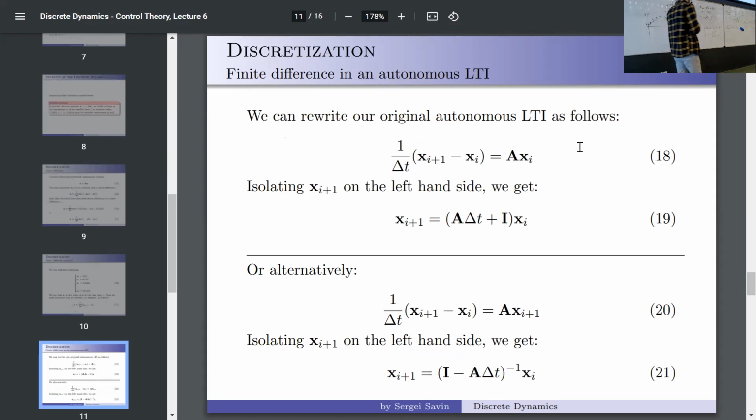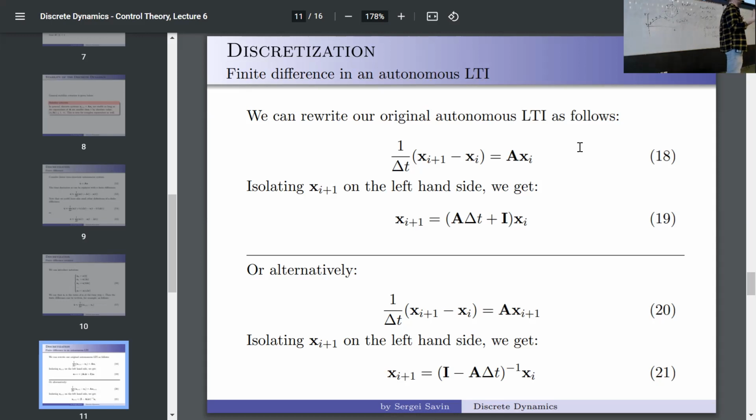We substitute back into our equation x dot equals ax. We consider it at the point of time t, which for point of time t, we assume that x is equal to x sub i.